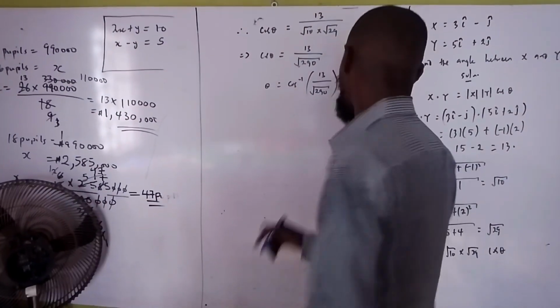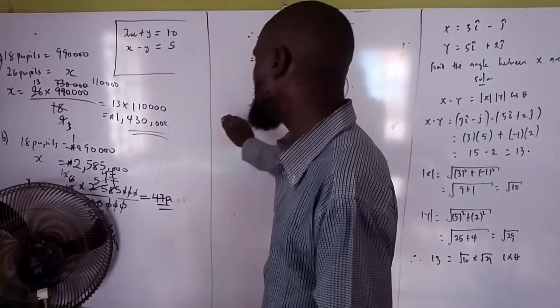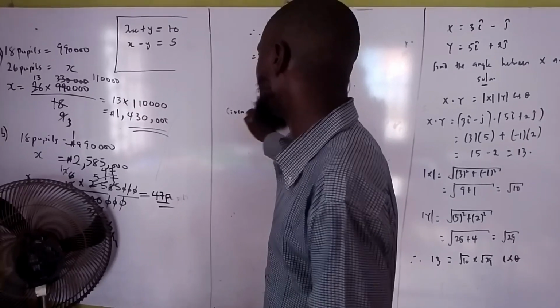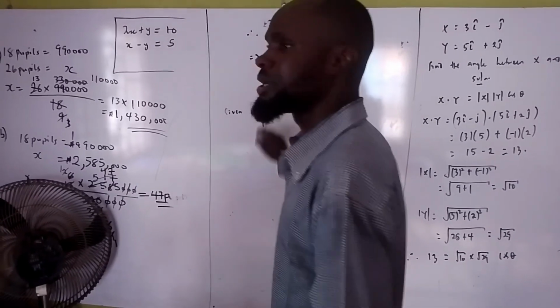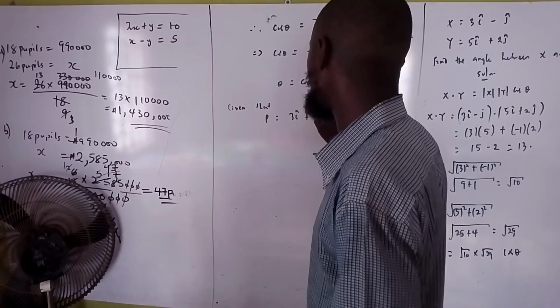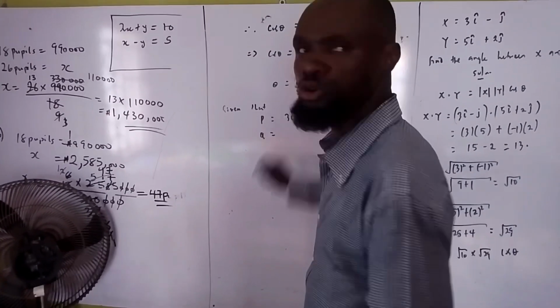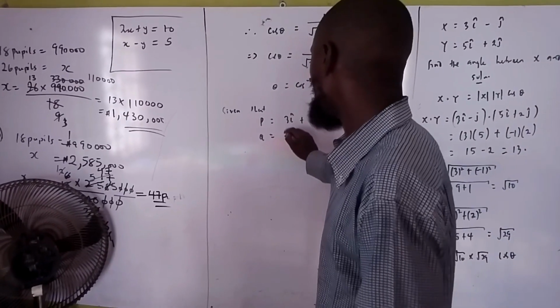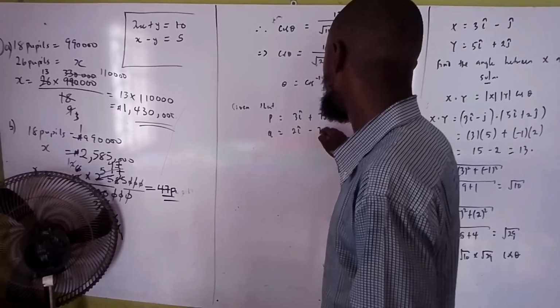Now, suppose that we have another vector. Let's say, given that P is equal to 3i plus 7j, and we have vector Q equal to 2i minus 3j.